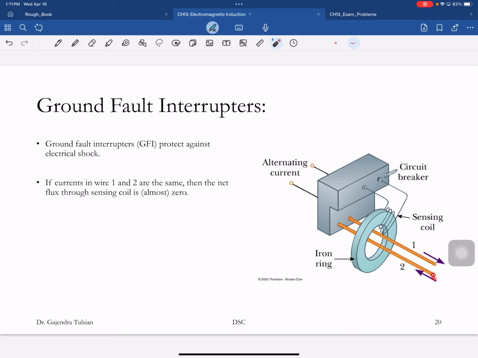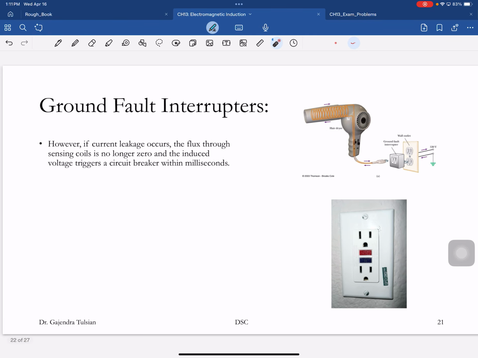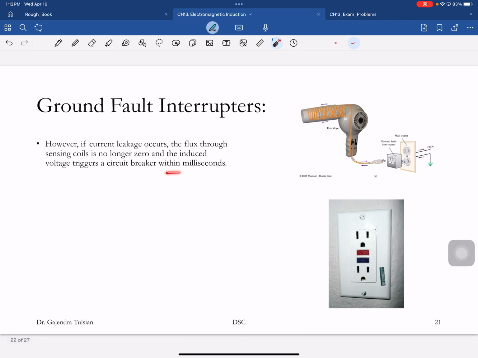Now let's say this current is coming in and the wire got frayed, and the back current is not equal to this. Suddenly you have a non-zero magnetic field through this sensing coil, which induces an EMF, and that turns off the circuit breaker instantly, within a millisecond. So that's what this thing does.